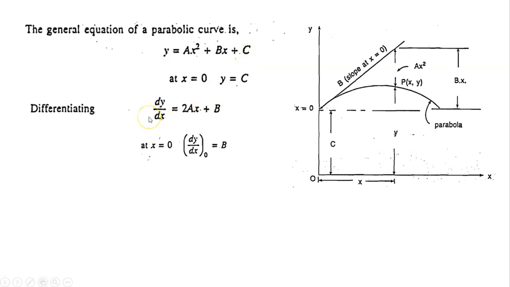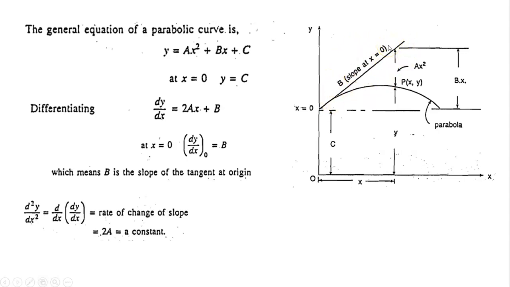You also know that dy by dx is the slope, and at x equals 0, at this point, dy by dx becomes equal to b. That means it is the slope of the tangent at the origin. So we have defined this slope at x equals 0, which is nothing but b.